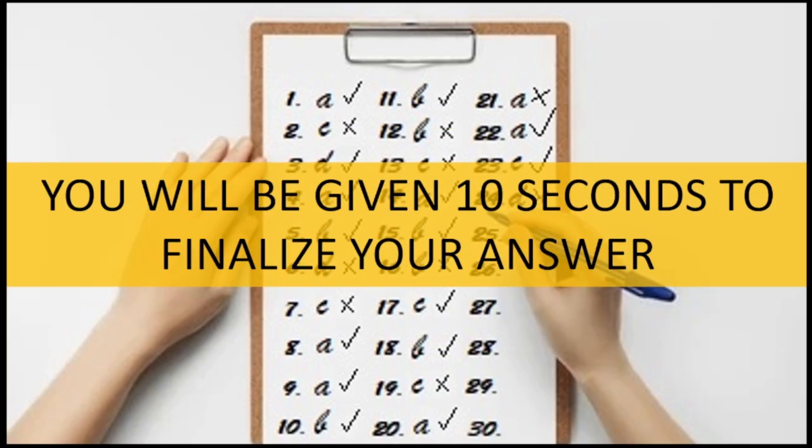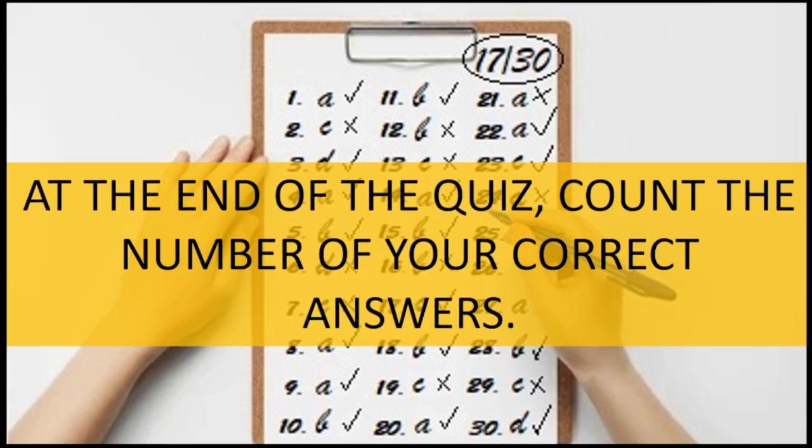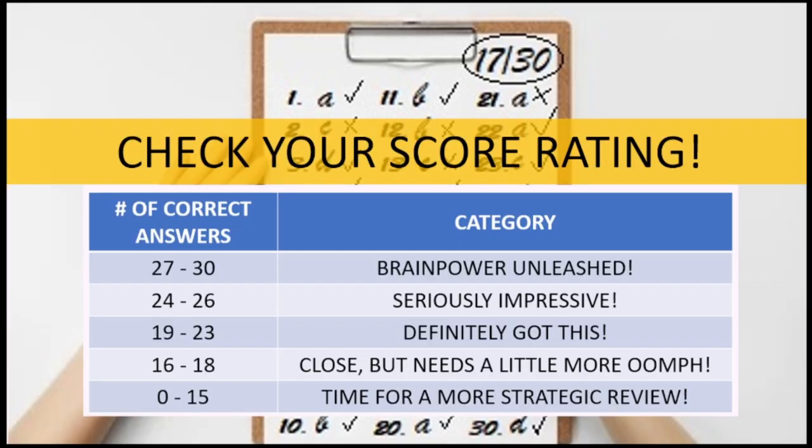And you will be given 10 seconds to finalize your answer. At the end of the quiz, count the total number of your correct answers and check your score rating. So if you are now ready, good luck.